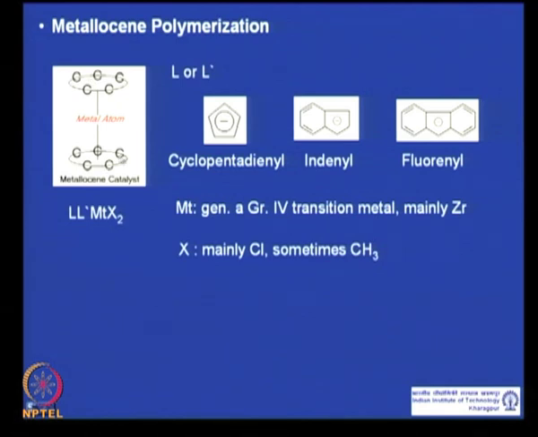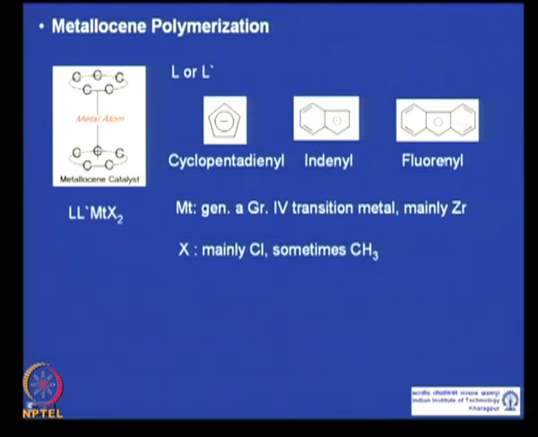You can give a general structure of the metallocene catalyst like this, or you can write a structure as L2MTX2, where the L's are the ligands, which can be the same or different, from different metallocenes like cyclopentadienyl or indenyl or fluorenyl.